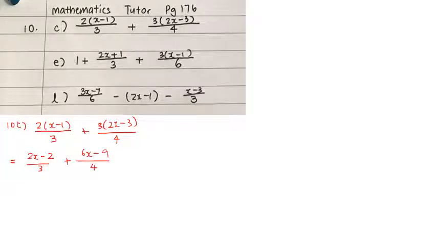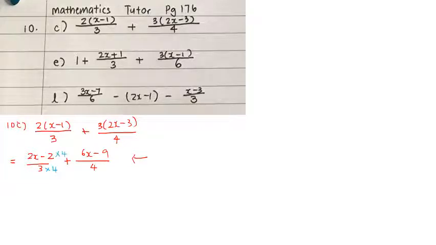Okay, now at this point, it brings me back to questions that are similar to the previous slide. And if you look at the denominator, you realize that the denominators are 3 and 4. So in order to join the two fractions together, we must find the LCM of 3 and 4, which makes 12. So the first fraction, to make the denominator 12, I must multiply top and bottom by 4.